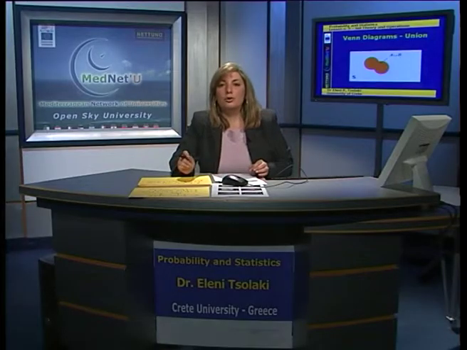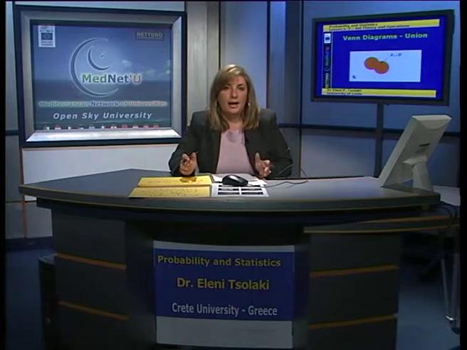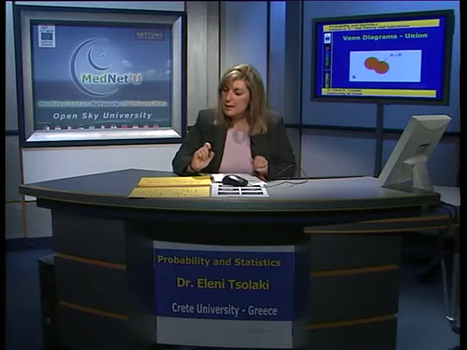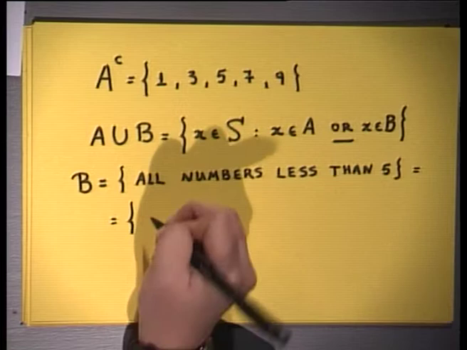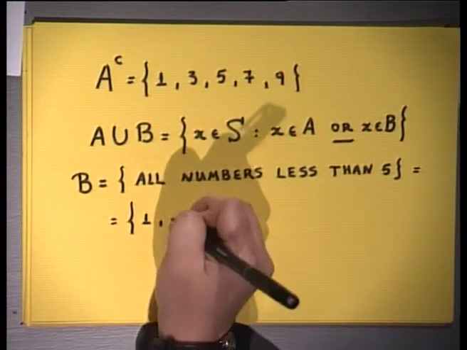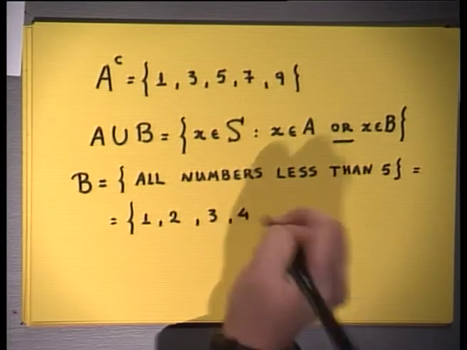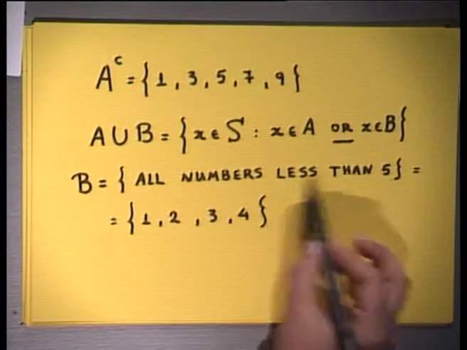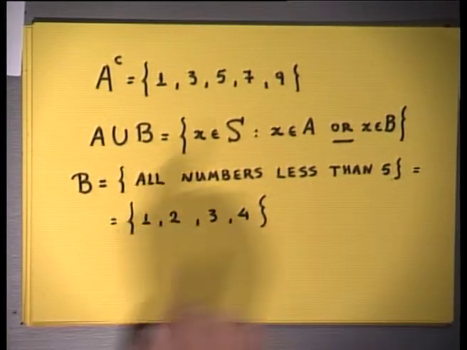Again, we have to look into our sample space to find the numbers that are less than 5. In this case are the numbers 1, 2, 3, and 4. 5 is not included, as we say less than, and we don't include equal.